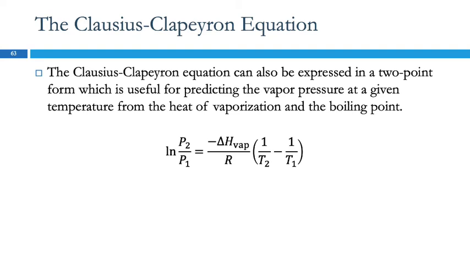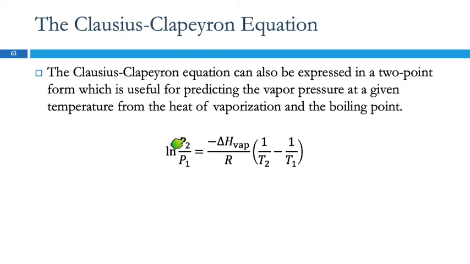We can also get a two-point form of the equation, which is nice because then we don't have to graph anything. So here we have 4 variables. We have pressure 1 and pressure 2. We have temperature 1 and temperature 2. And we have the heat of vaporization. I guess you could say that's 5.